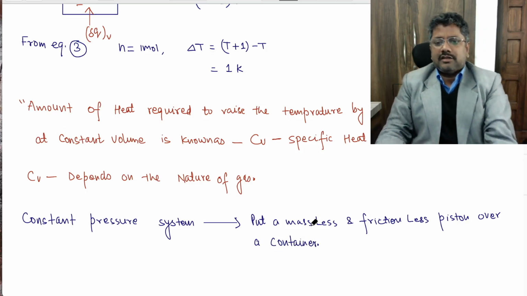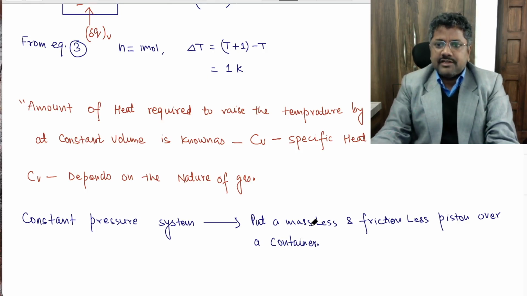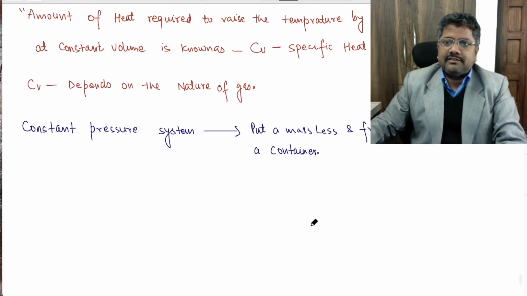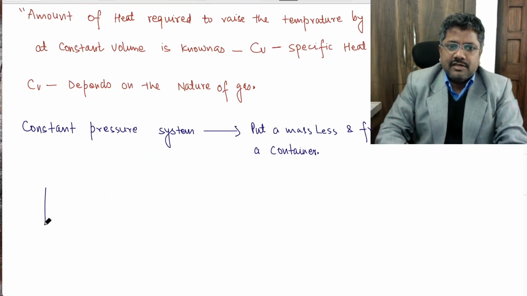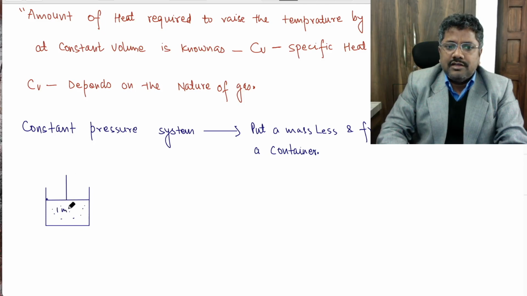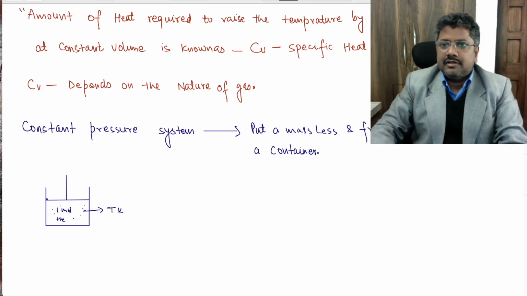If you put a massless frictionless piston over the container, then you will get the constant pressure system. So suppose that we have a container like this, and we have put the piston, and this time also 1 mole helium I have taken, at T Kelvin, right?